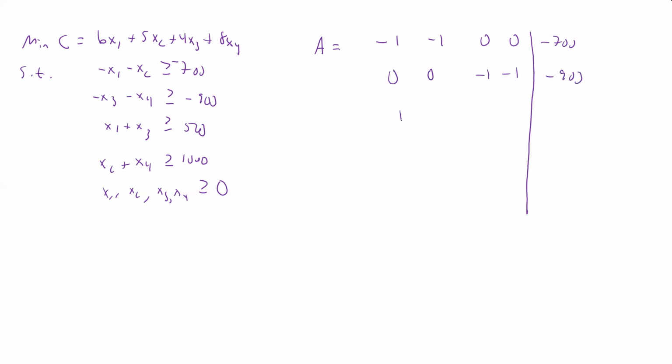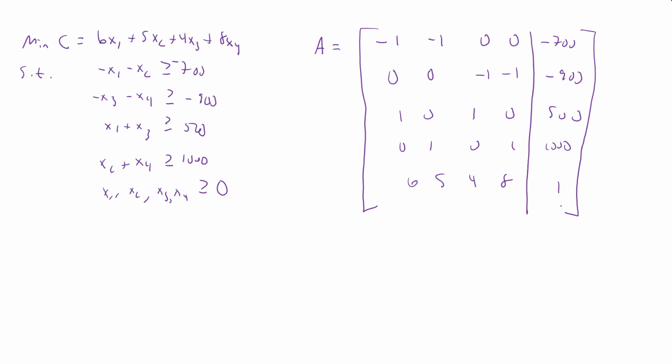And then we'll have a 1, 0, 1, 0, and that has to be the 500. Then we have to have a 0, 1, 0, 1, and that's a 1,000. And then we use our numbers up there, a 6, a 5, a 4, an 8, and that's going to be a 1 over here. And so that is our A.